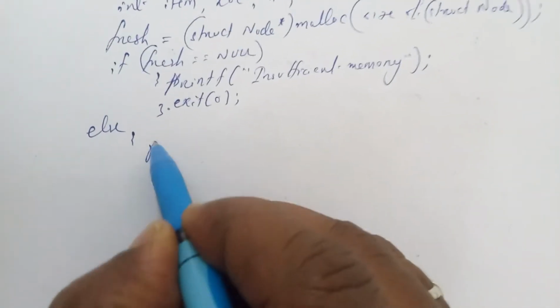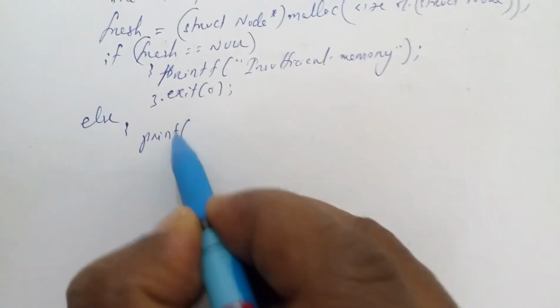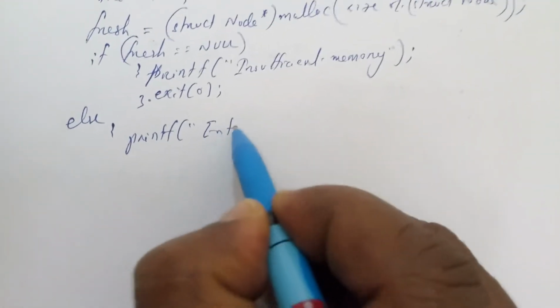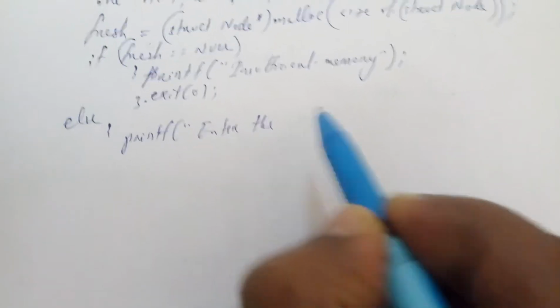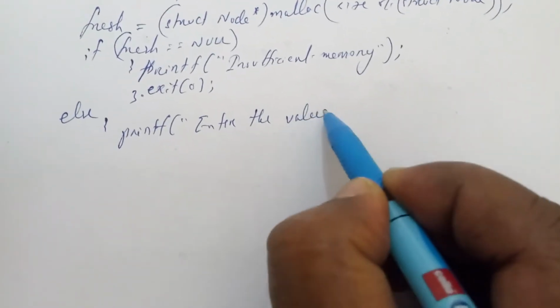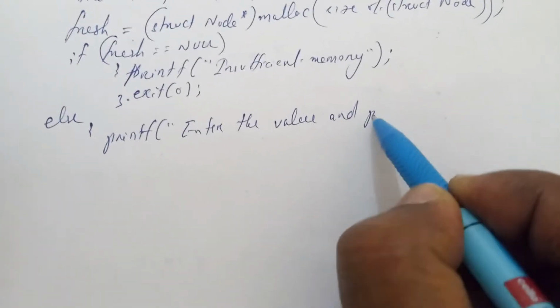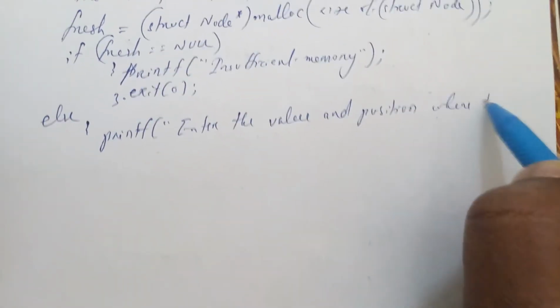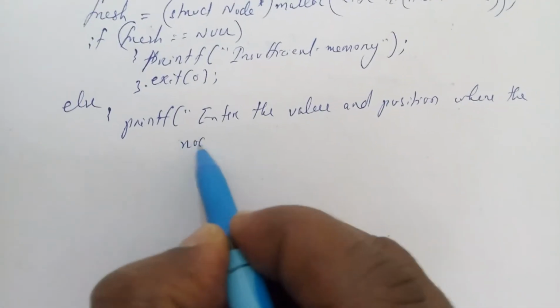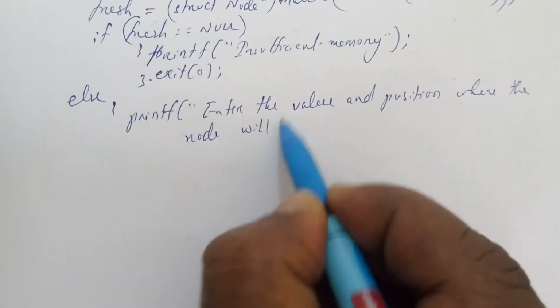So printf enter the value and position where the node will be inserted.